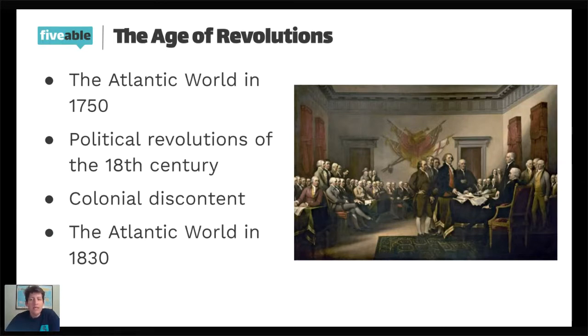We also have the slave trade, which is quite significant in this era, as slaves are pouring into South America and the Caribbean and North America in order to grow cash crops for the most part. We think about sugar cane as the primary of these crops, and tobacco as well is significant, but also other things like indigo. Eventually, as we get into the 1800s, cotton becomes much more important with the Industrial Revolution.